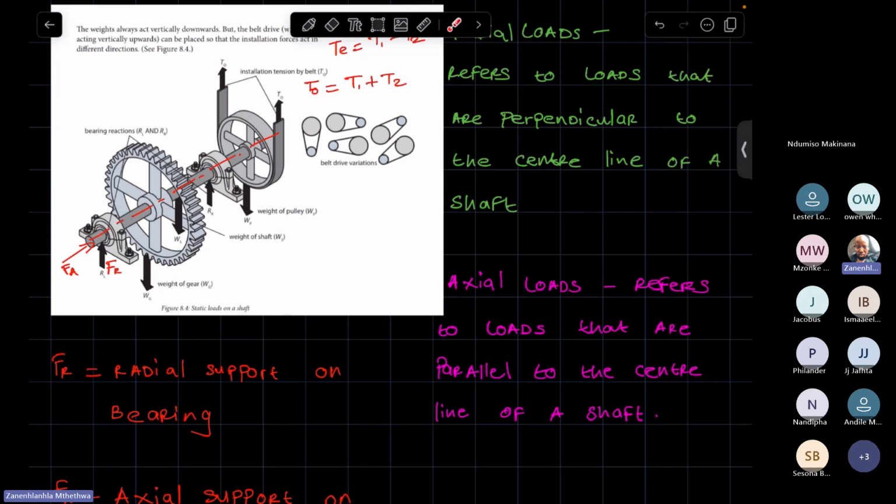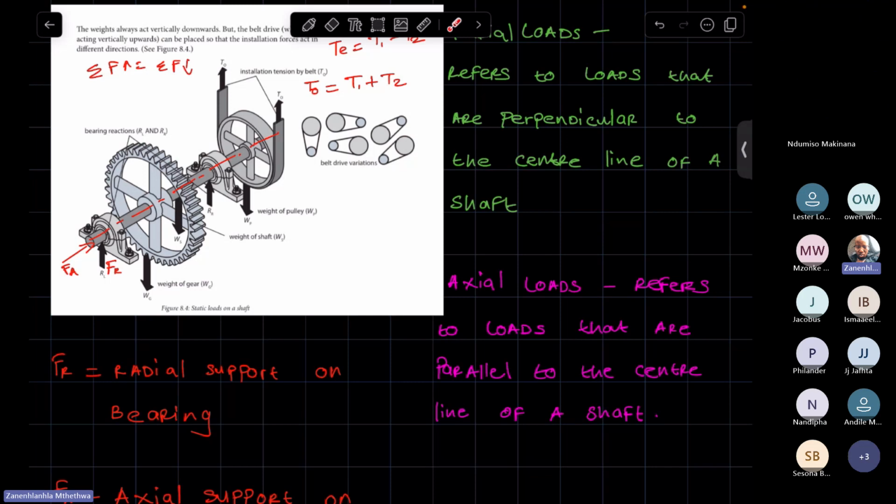And then the other one is in terms of moments: the sum of clockwise moments about a point is equal to the sum of anti-clockwise moments about the same point. Mathematically, you could express them as the sum of forces going up is equal to the sum of forces going down. So essentially, this one is the sum of forces in one direction is equal to the sum of forces in the opposite direction. You can express it like this mathematically.